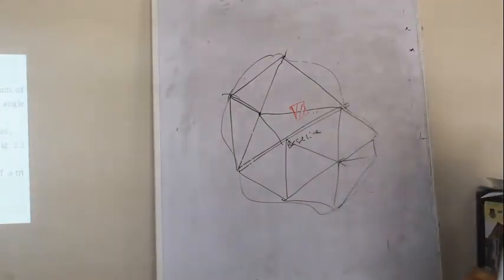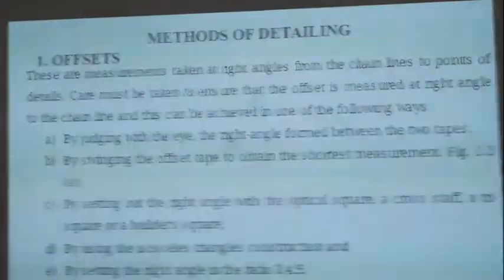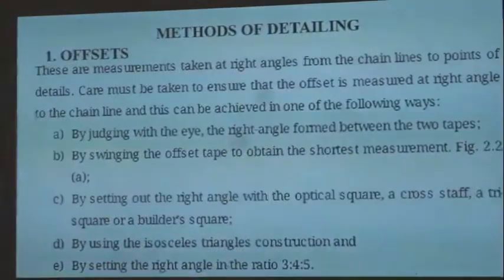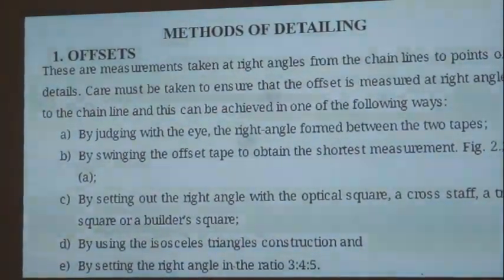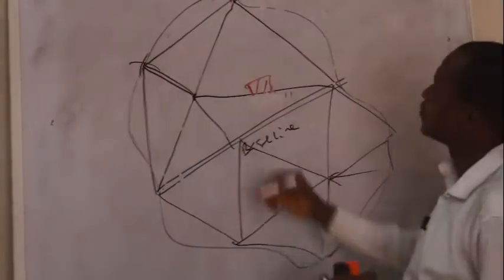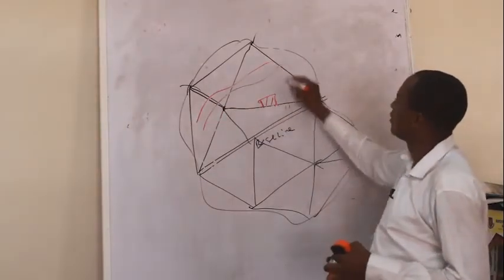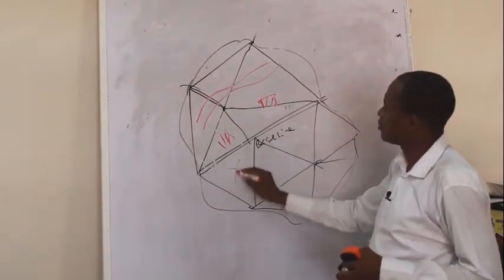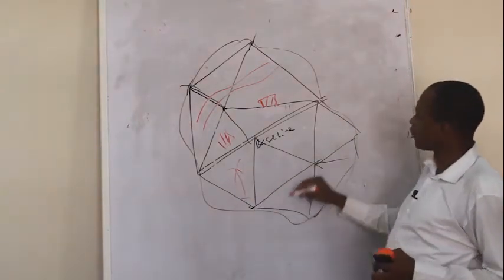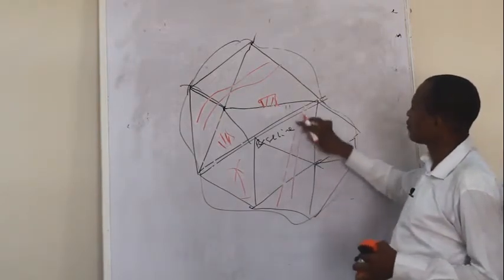So, methods of detailing. We want to look at some methods of detailing. Assuming there are features in the land, as I told you earlier, you can have a river, a stream, a building, a palm tree, roads.